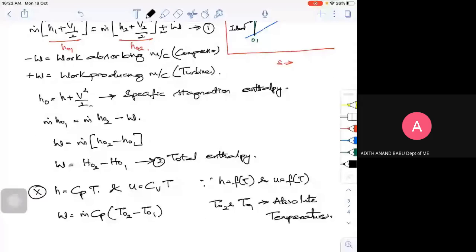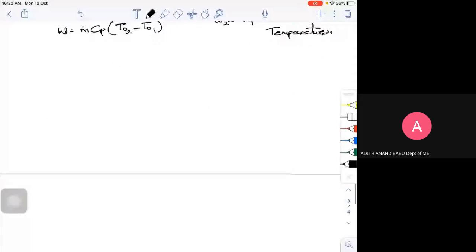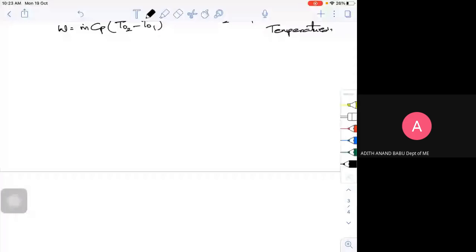So we can write the efficiency for the compressor from the HS diagram. It is called the total efficiency because I am plotting with respect to total values or stagnation values.